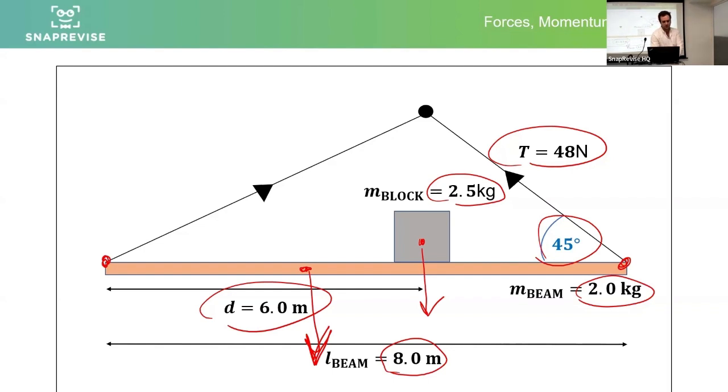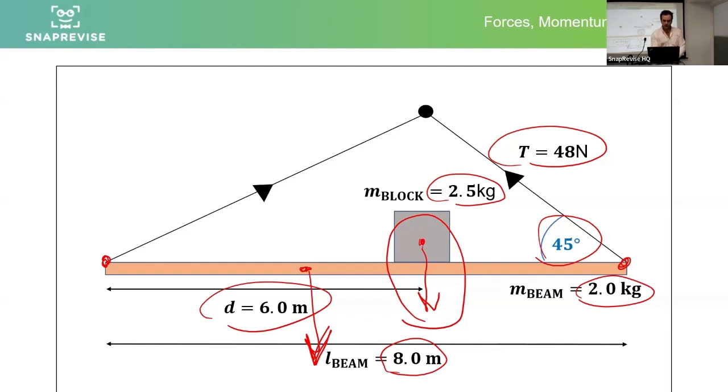If I choose my pivot where the block is, I don't need to worry about the moment of that force because it's 0 meters away from my pivot. So although there's 4 forces, by choosing my pivot at the location of one of those forces, I can essentially do a calculation that only has 3 non-zero moments.